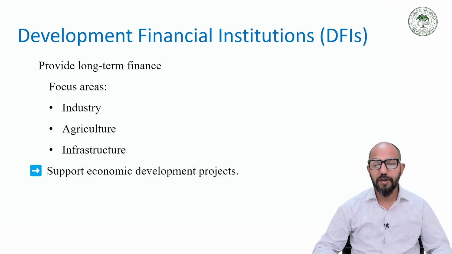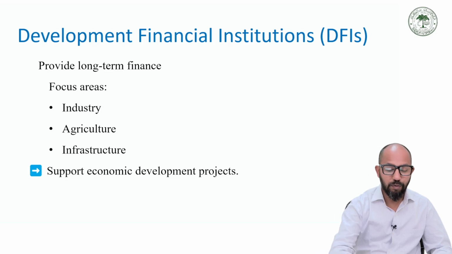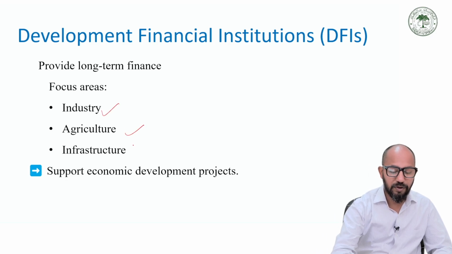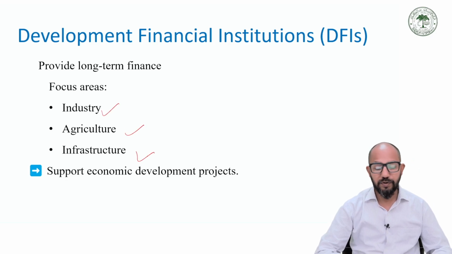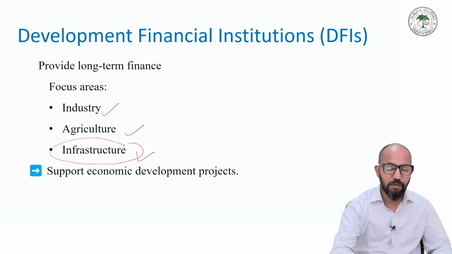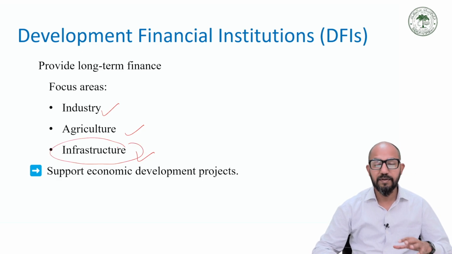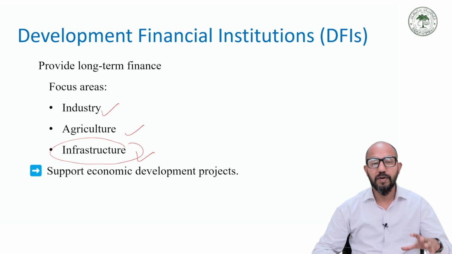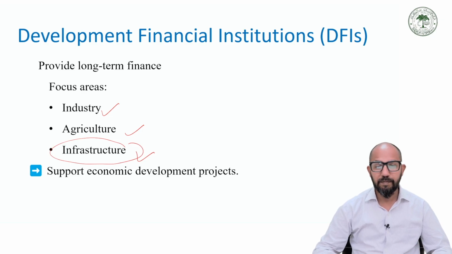So the focus areas of DFIs include industry, agriculture and infrastructure, with infrastructure being the top priority sector in the sense that it is easy to decide how much funding is required and the return is also very high. Now, development financial institutions support economic development projects in the Indian economy.